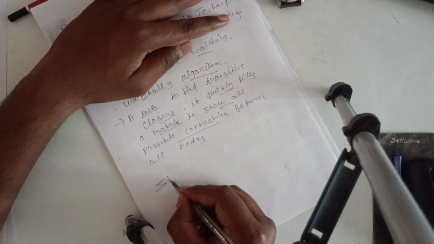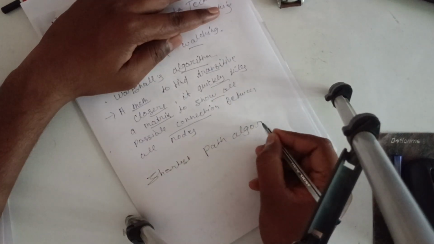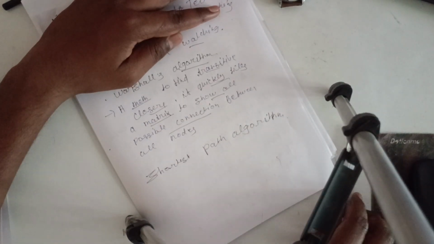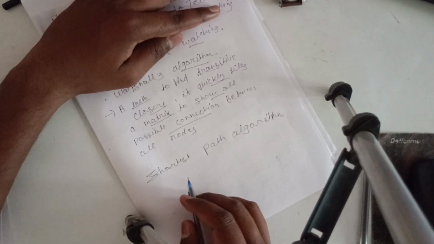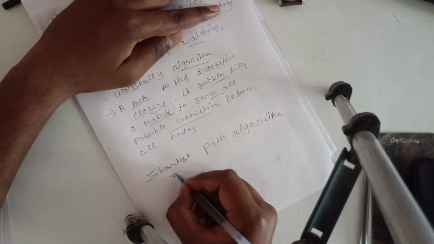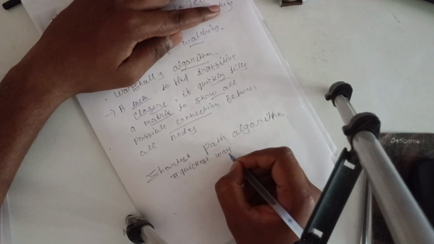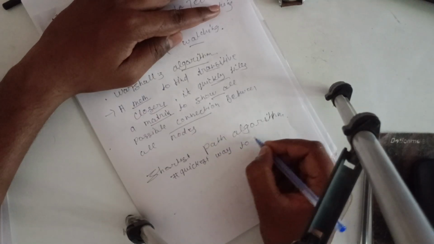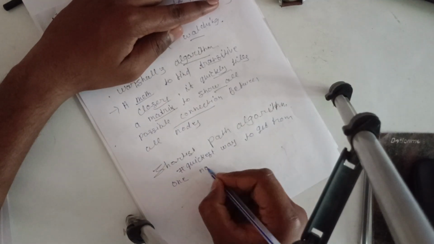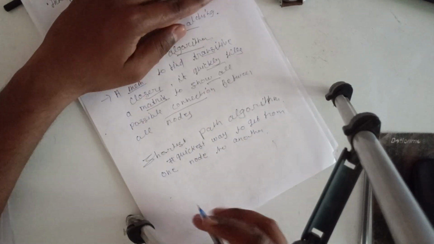Now shortest path algorithm. Basically shortest path algorithm is finding the quickest way to get from one node to another. What is node?